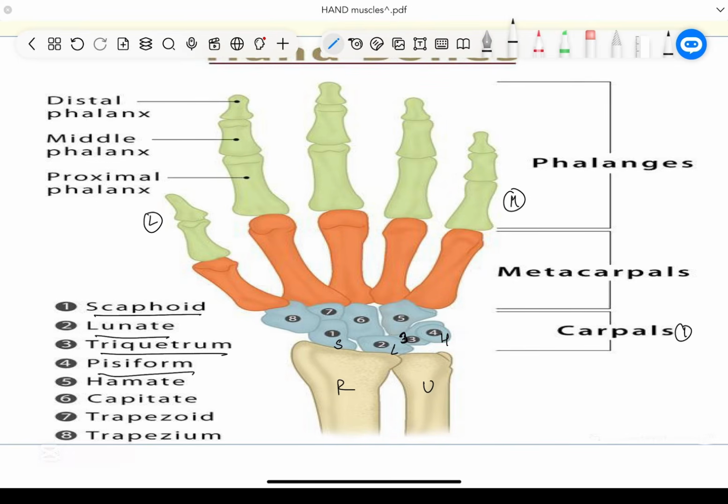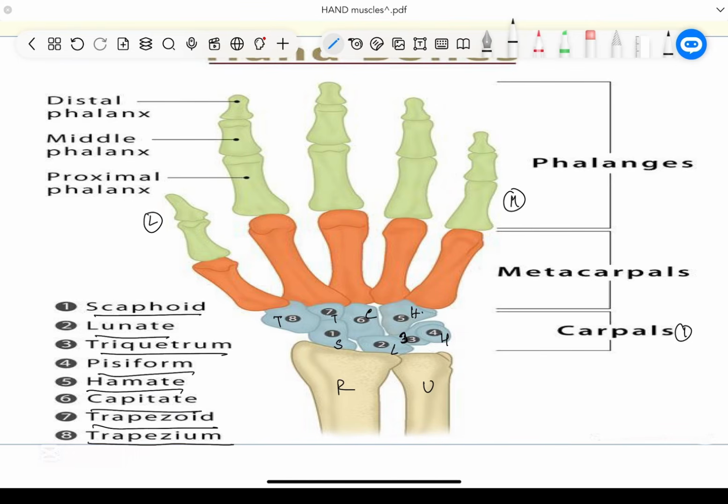After that, again from lateral to medial, this will be the trapezium, trapezoid, capitate and hamate. So scaphoid, lunate, triquetrum, pisiform are the proximal row from lateral to medial. And in the distal row, there will be trapezium, trapezoid, capitate, hamate.